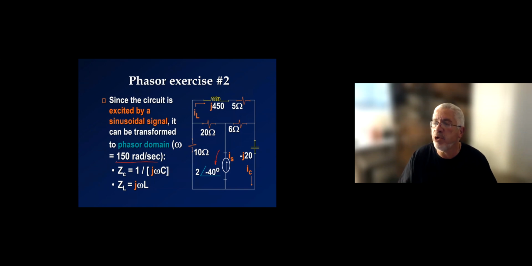Just a note, since we're early in doing this: anytime you're calculating the impedance for the inductor, be mindful it needs to be positive imaginary. And anytime you're calculating the impedance for a capacitor, it needs to be negative imaginary. I often write minus j divided by omega C, just to remind students of that. Other than that, this is actually a typical mesh problem with a current source that's shared by two meshes. So let's begin.